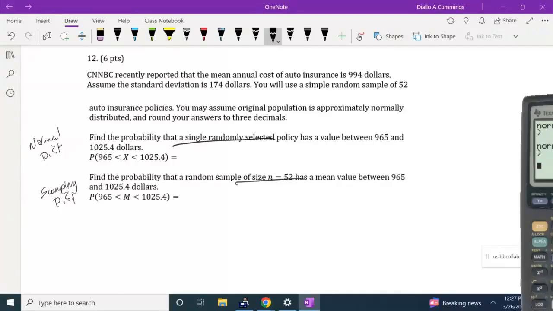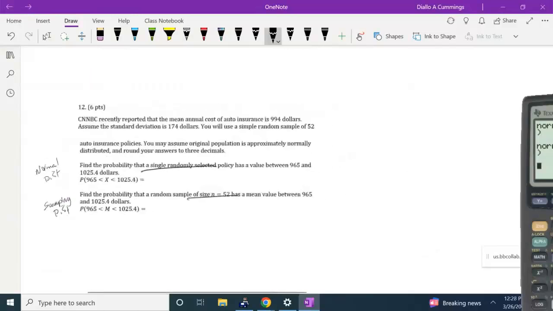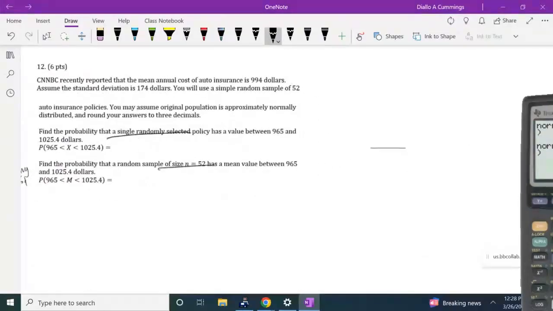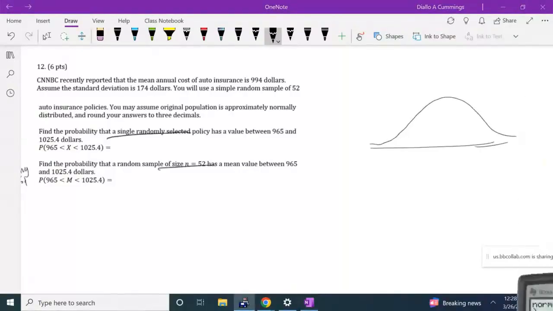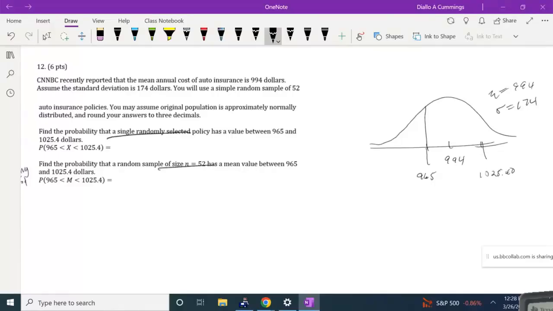All right, so for the first part, we're going to use the normal CDF. Well, let me sketch it out first. So it's a normal curve. The mean is 994. The standard deviation is 174. It says find the probability that a randomly selected policy value is between 965, so I'm just going to guesstimate that, and $1,025.40.